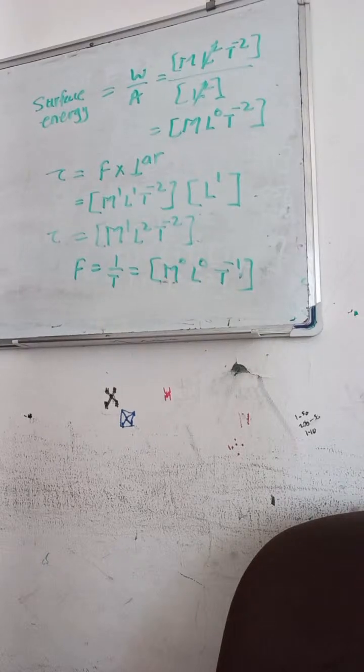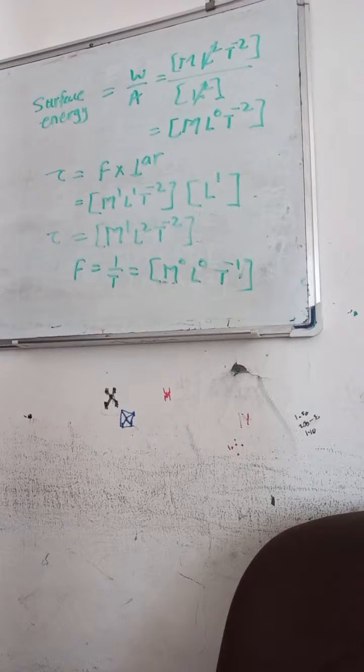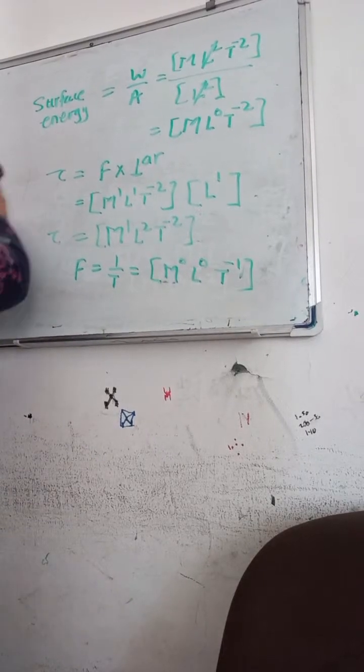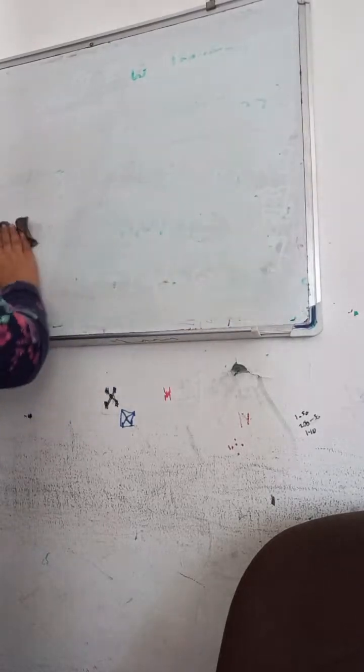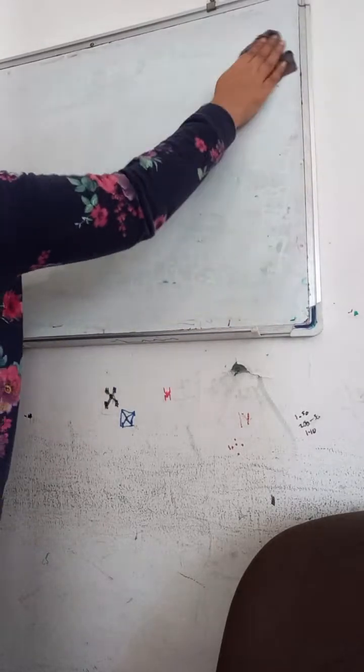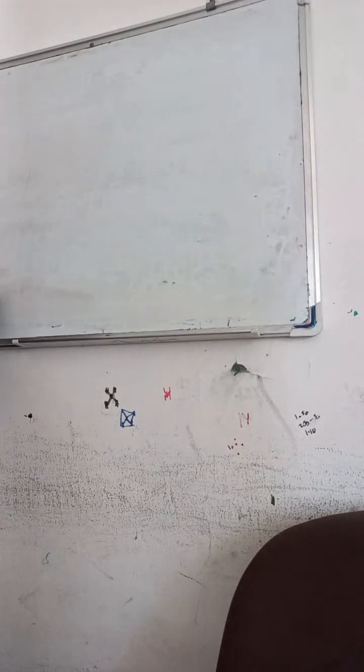And similarly you can make a combination and find out different dimensions. If we take moment of inertia, I think maybe you are getting this dimension. This is just a revision because we already finished all this at the beginning of the year. Now you have an exam, so I am revising this.